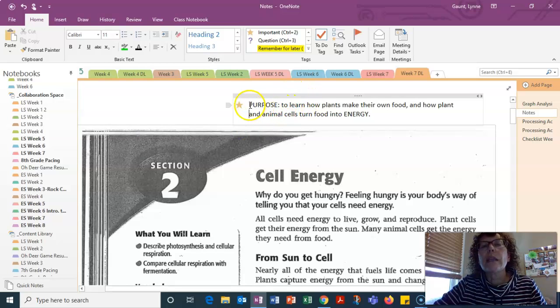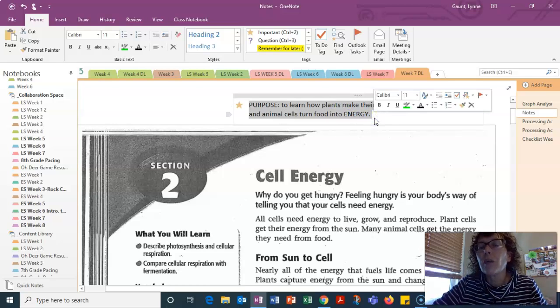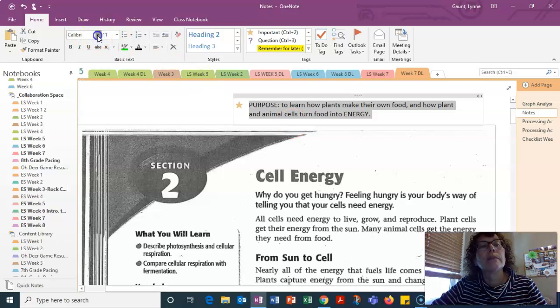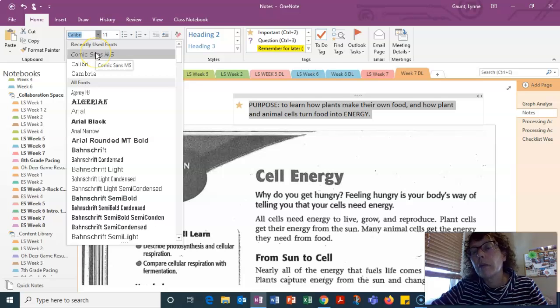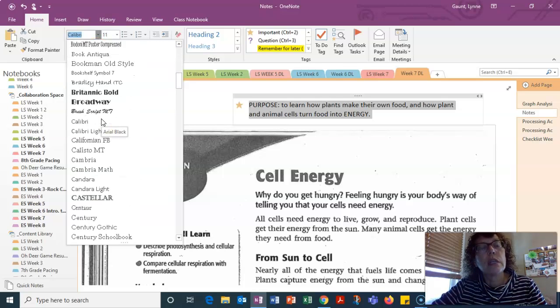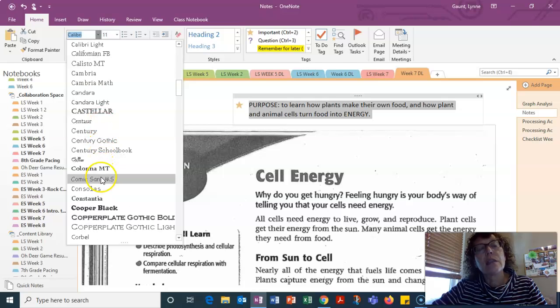One more thing. I like when I type text, I don't really want it to look just like text. I want it to look different from the article that I'm highlighting. So I'm going to choose something called Comic Sans. It happens to be right at the top of my choices. It won't be for you. You'll have to scroll down to the C's and choose Comic Sans down here.